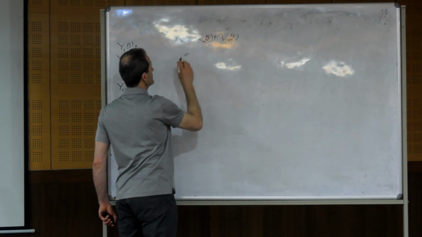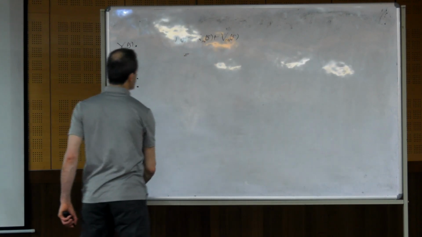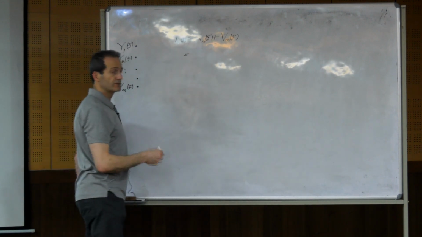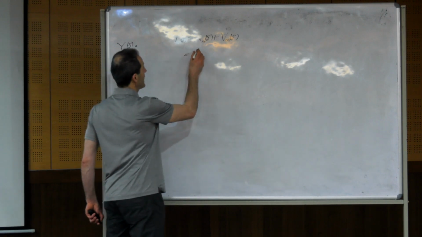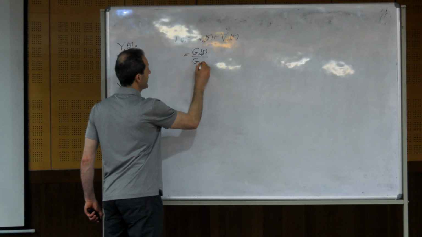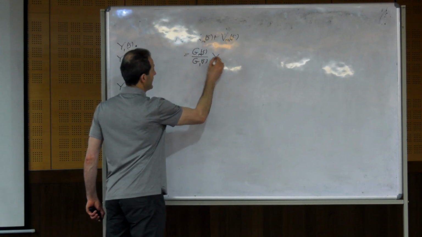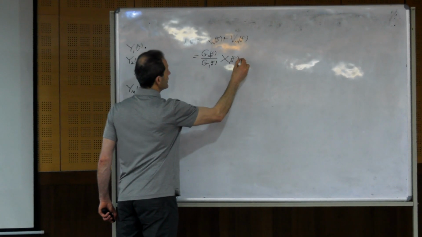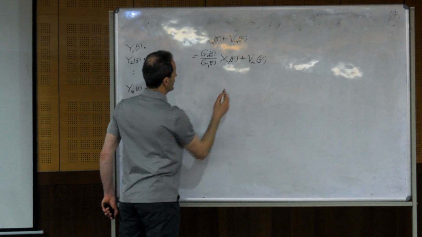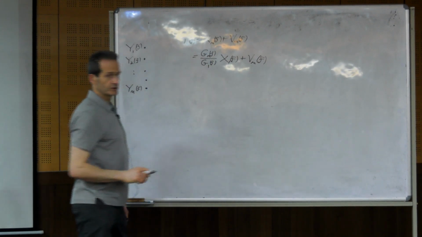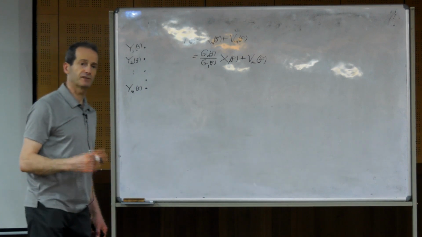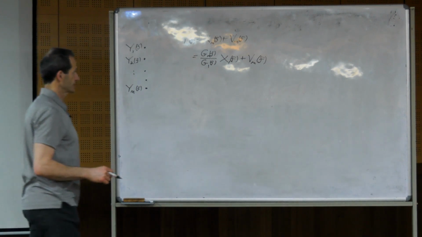And we saw that we can write it with the relative transfer function, GMF divided by G1F, times X1F plus VMF. So this is the relative transfer function, which we saw we can estimate from the observed signals under certain conditions.